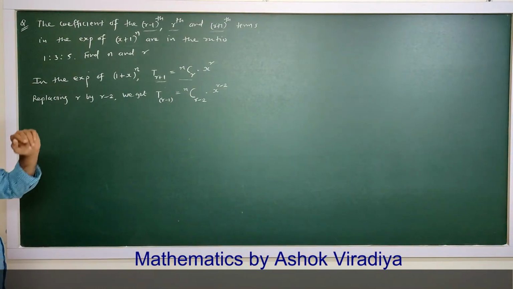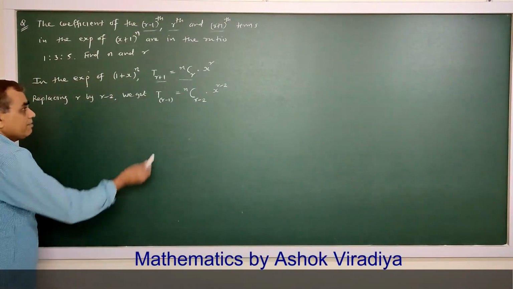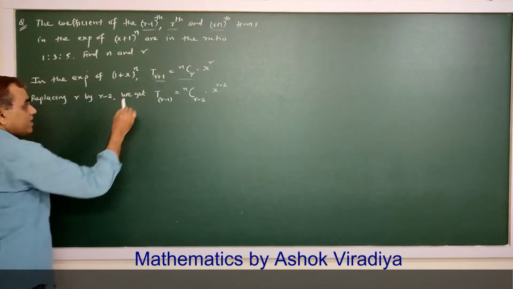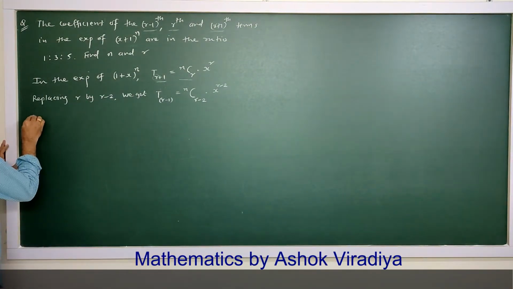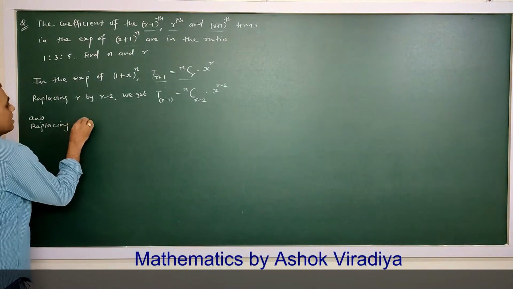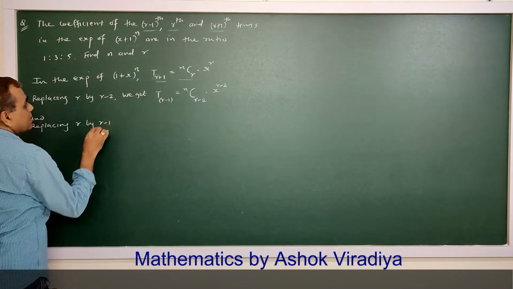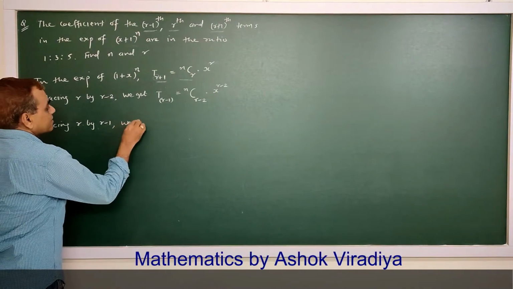And to obtain the rth term, I replace r by r minus 1 here, and replacing r by r minus 1, we get this.